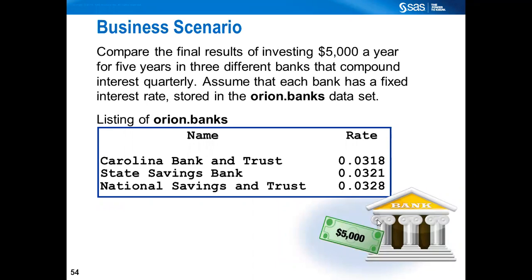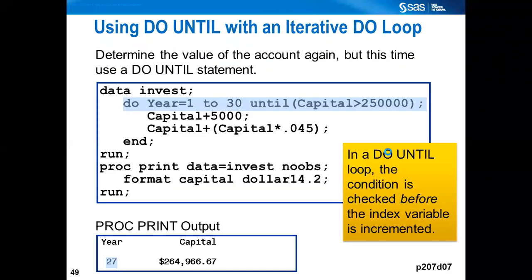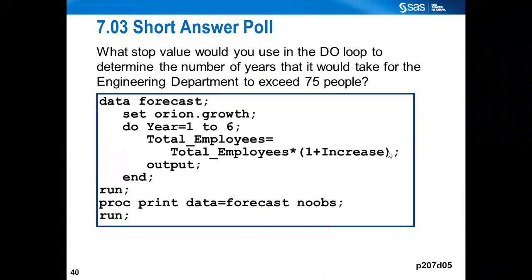Now it's again the scenario of the DO loop. Can you show how we can put a condition for the engineering department exceeding 75?